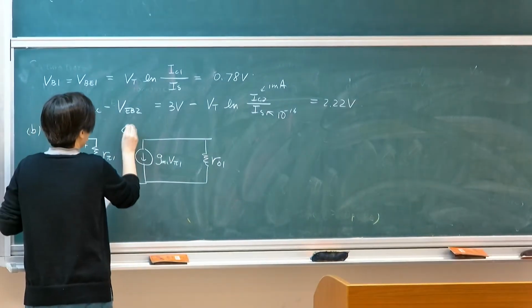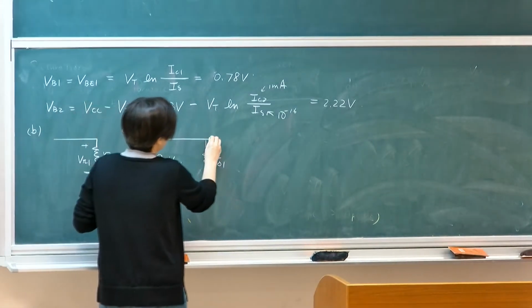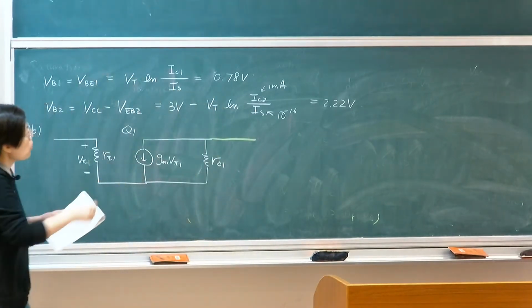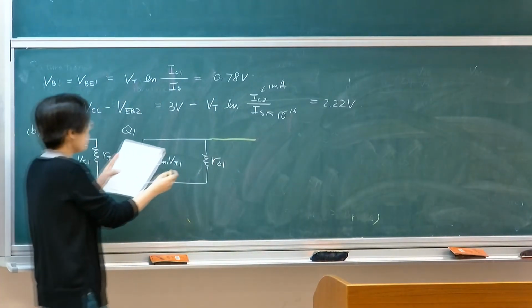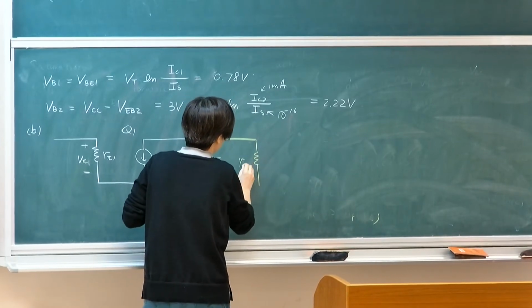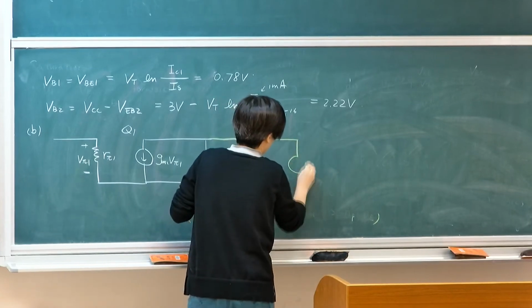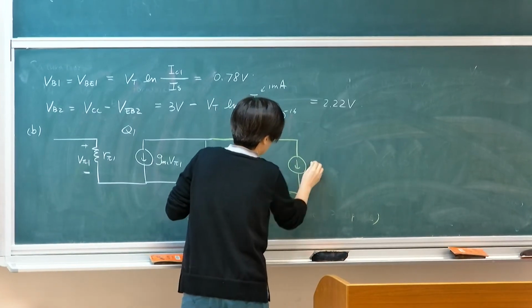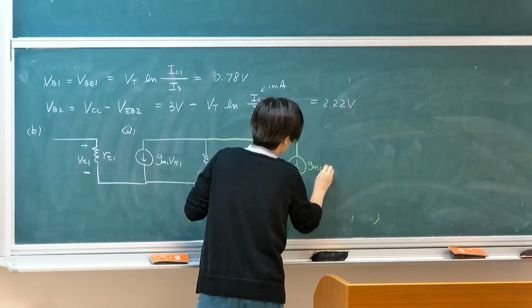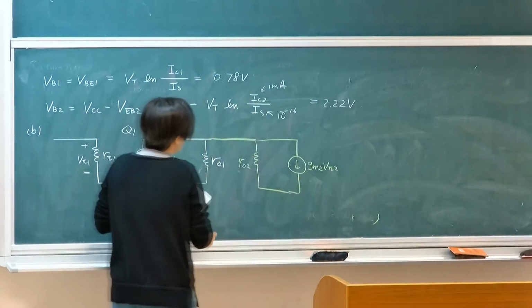Let me change the color to Q2. So I have connected this to the collector. You start by flipping the transistor and connecting it to the collector. So this will be RO2, and GM2 V pi 2, right?